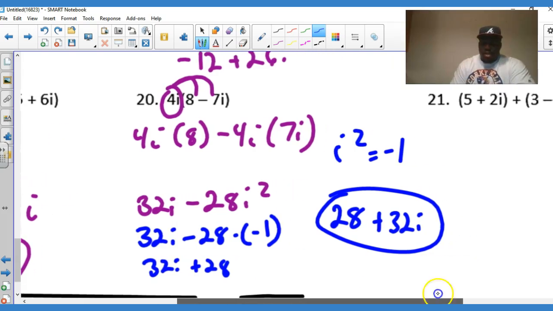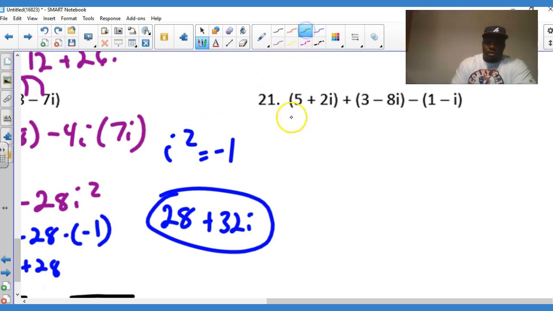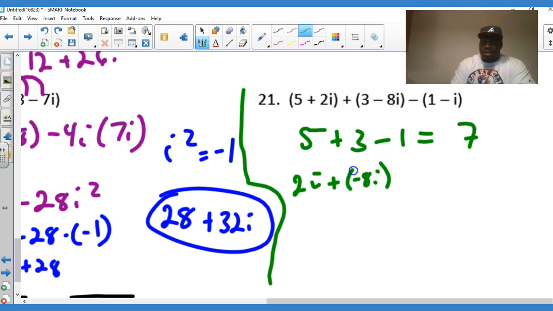Now, let's look at 21. Okay, we're back to adding and subtracting. So I have the real numbers, 5 plus 3, minus 1. 5 plus 3 is 8, minus 1 is 7. And then we have 2i plus negative 7i, minus a negative i.